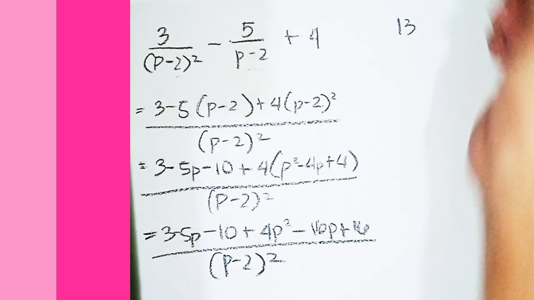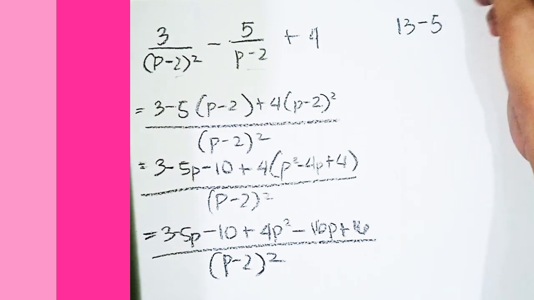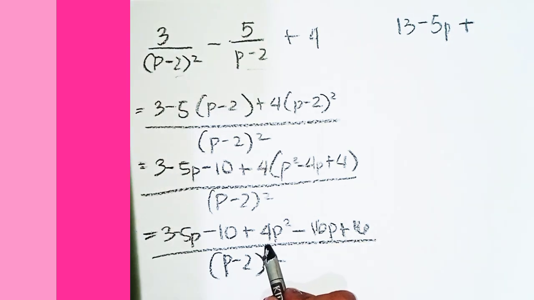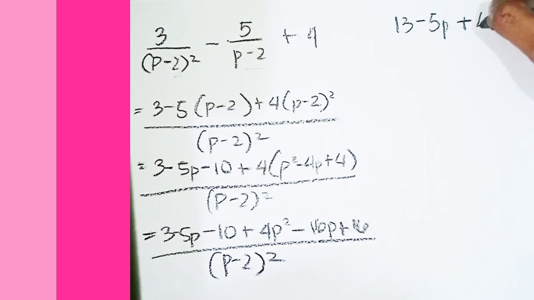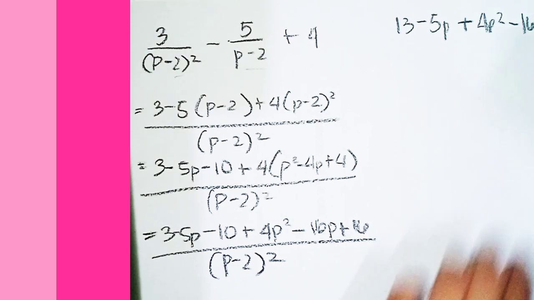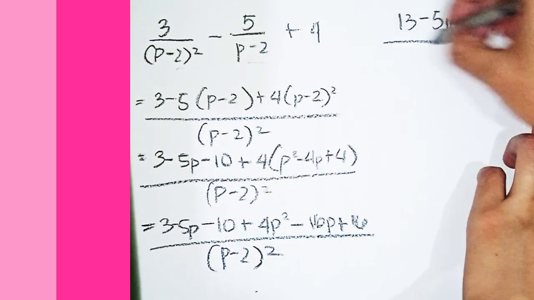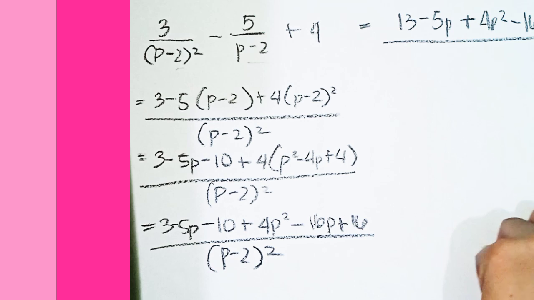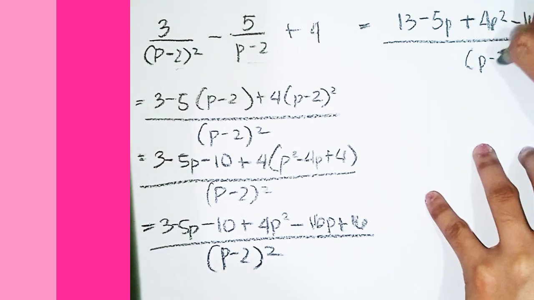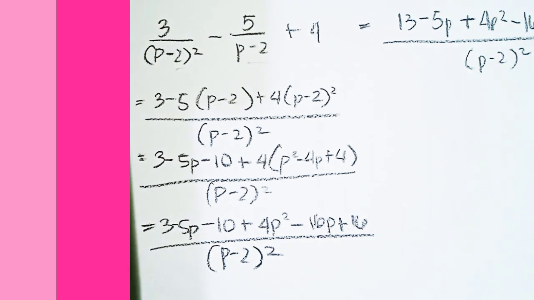So that would be 13 minus 5p, plus, just copy the 4p squared, so that would be 4p squared, and just copy the negative 16p, plus 16. All over, just copy the denominator, p minus 2 squared.